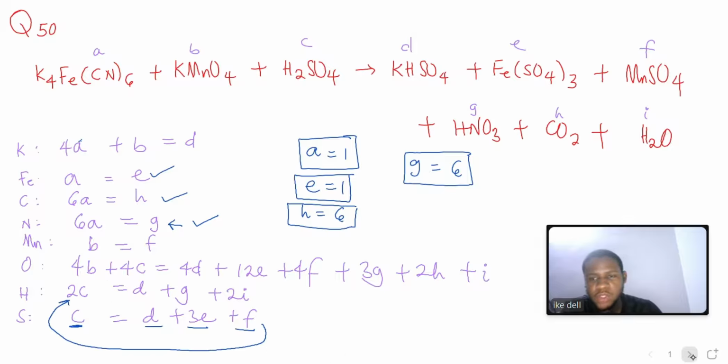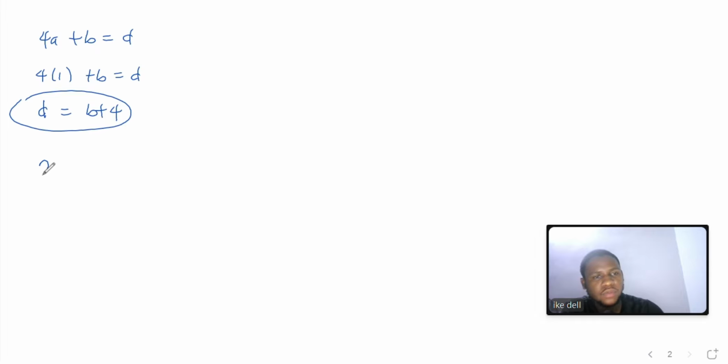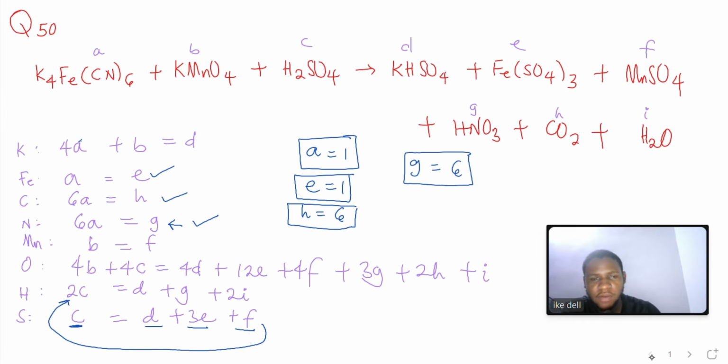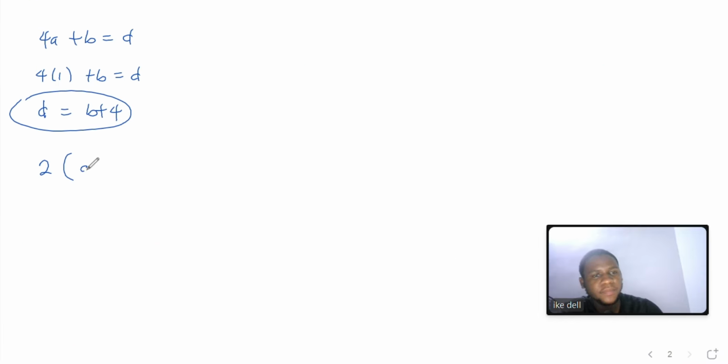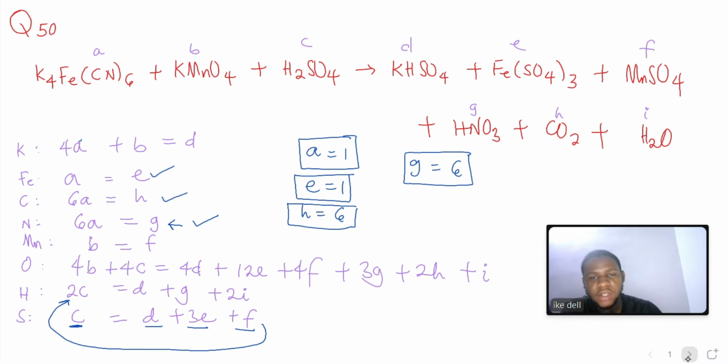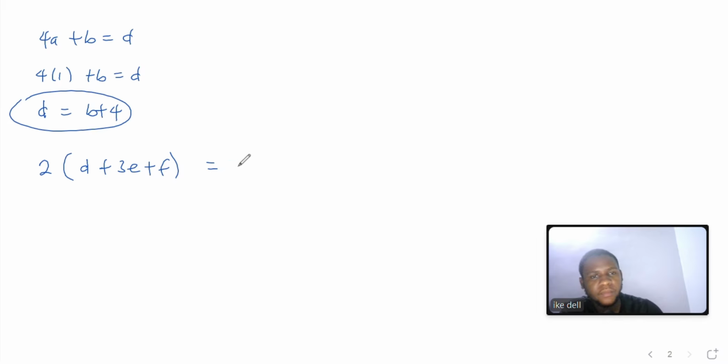That would mean that 2C would be 2 times C, which is D plus 3E plus F. So that's 2C. It should be equal to D plus G plus 2I.